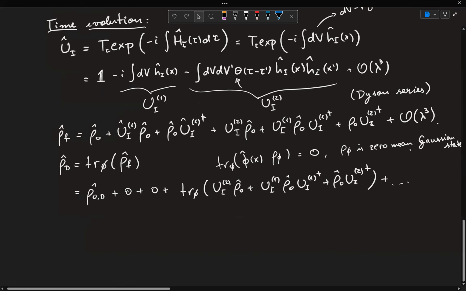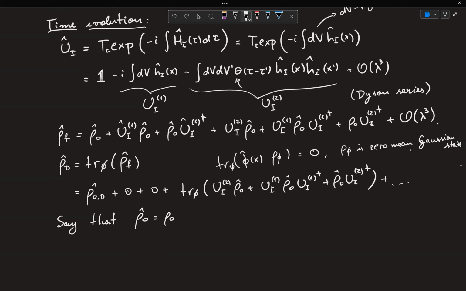So let's assume that the initial state of both the field and the detector is rho 0d, tensor product with rho omega. Let's call this rho omega, so that omega is the notation that we had for the field, which is basically this representation of the state omega.